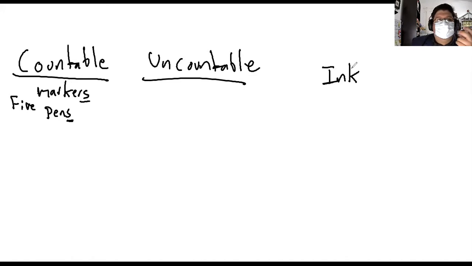Notice, how do we say this? Let's say, for example, these two. Do we say, oh yeah, I have 2 inks? No. We say, I have 2 bottles of ink. And that's how we know it's uncountable. 2 bottles of ink.